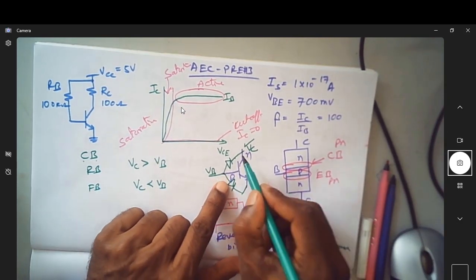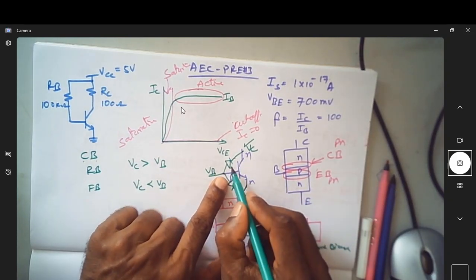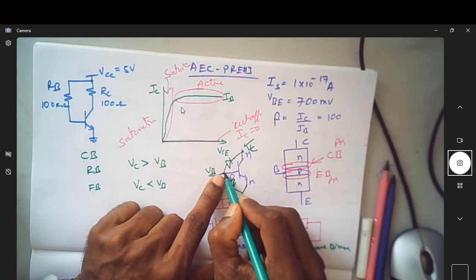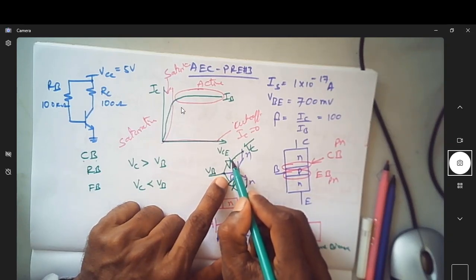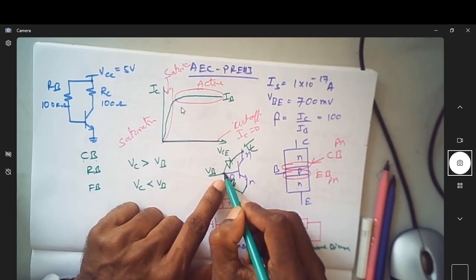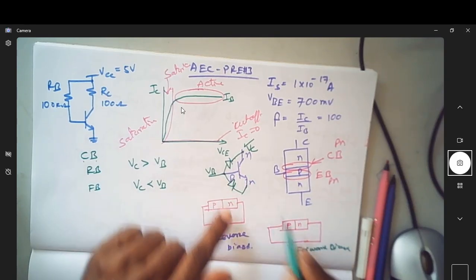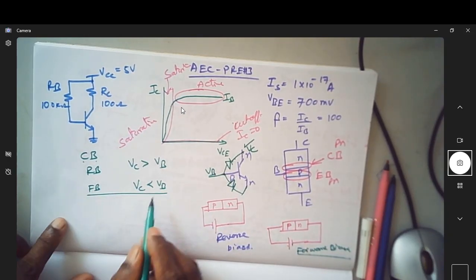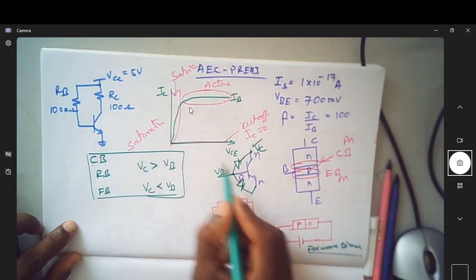So when the voltage at the base is more than the voltage at the collector, or otherwise if the voltage at the collector is less than the voltage at the base, that is, the voltage at N is lesser than the voltage at P, then it is forward biased. You can see this is forward biased. So this is about the collector-base junction.